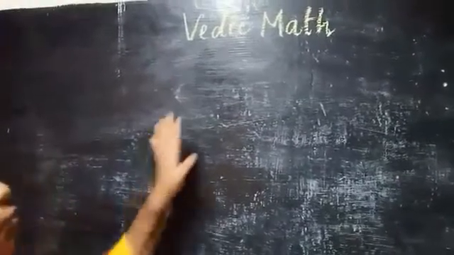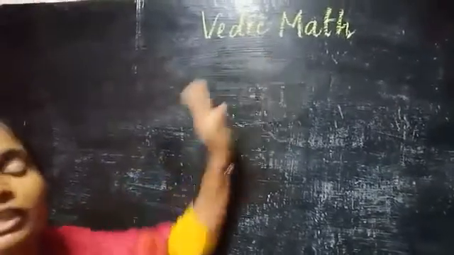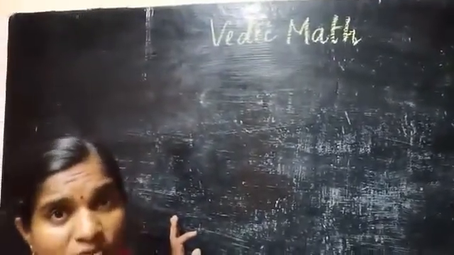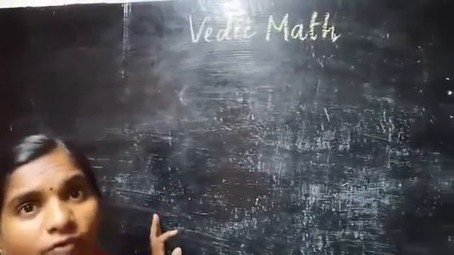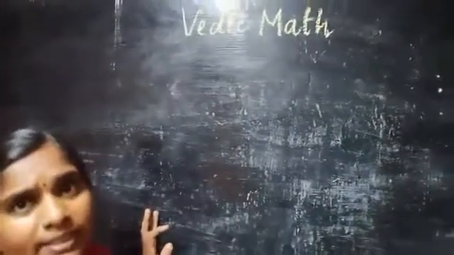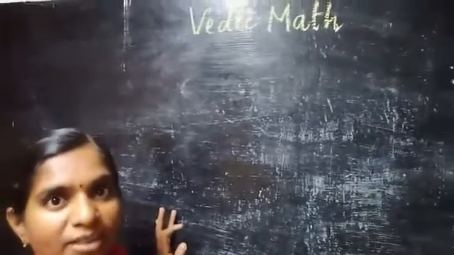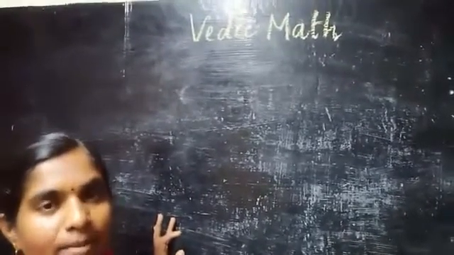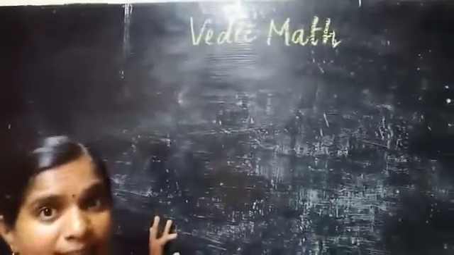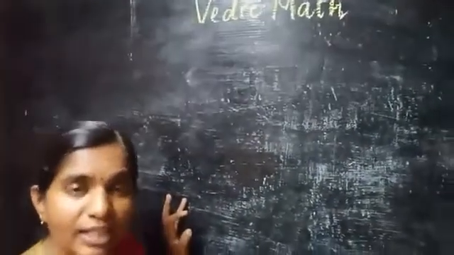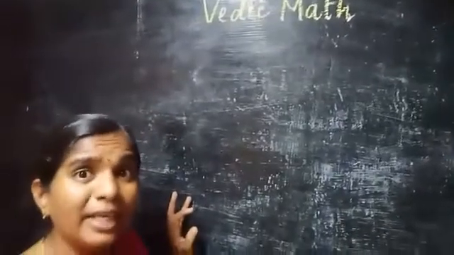Okay dear. So what is Vedic math? Vedic math is our old Asian math. It is our Indian mathematics. But we forgot all our Indian mathematics. We just calculate, right? But not like our grandparents. Our grandparents always used to calculate using their mind.